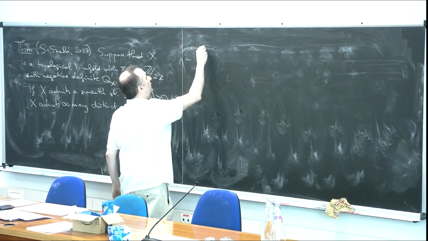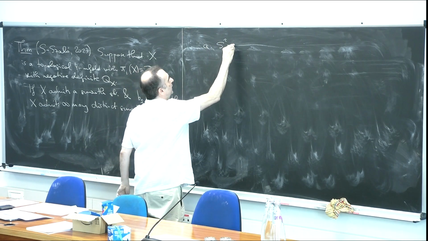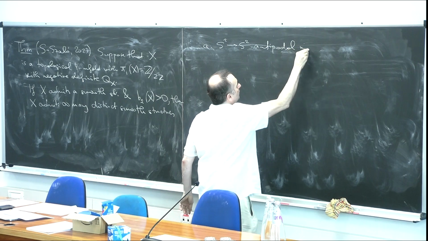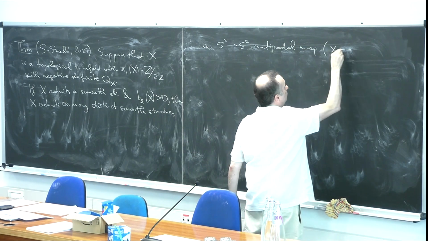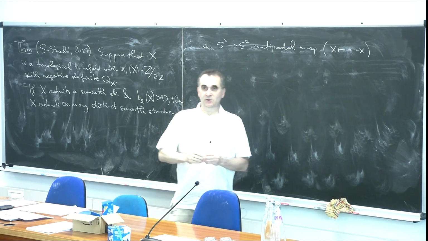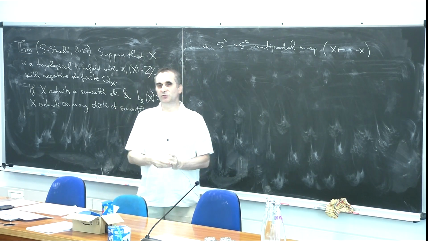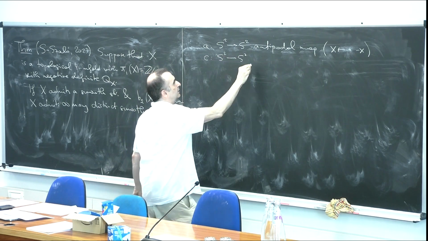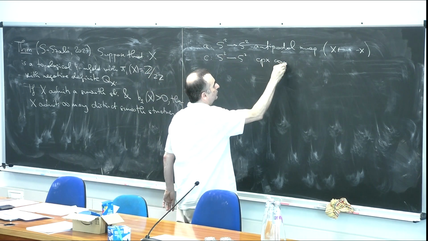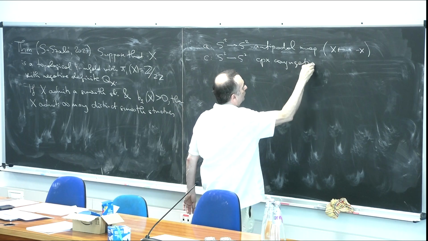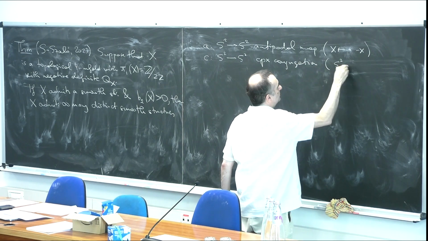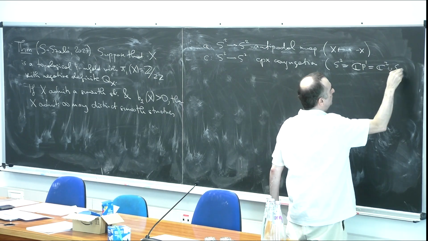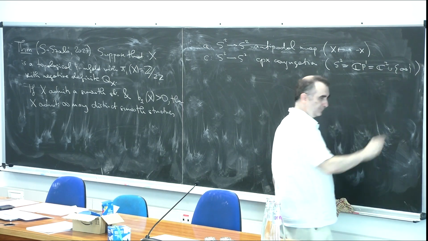So let's take A to be the antipodal map. This just sends x to minus x, right? You take the sphere and map it to the opposite. And let's take C to be complex conjugation, where now S2 is viewed as CP1, which is just C union the infinity.